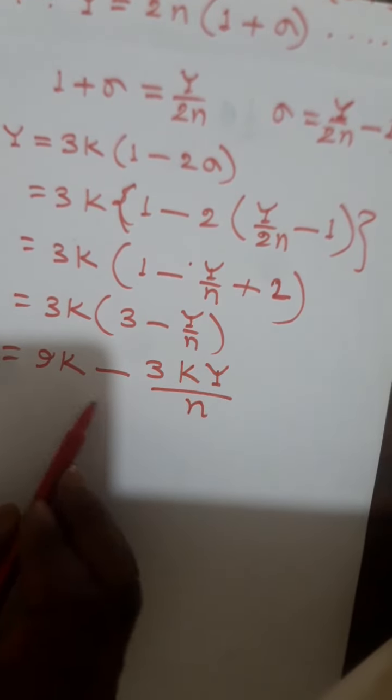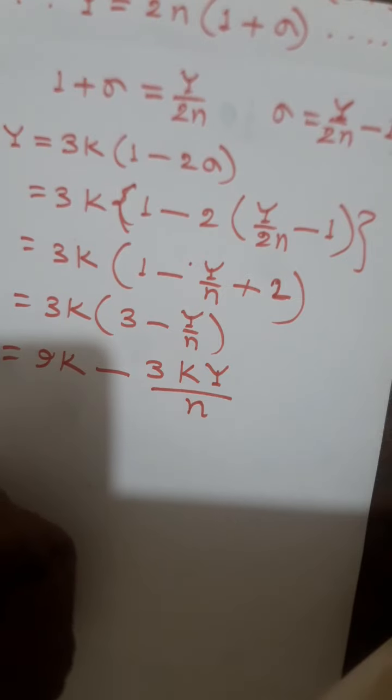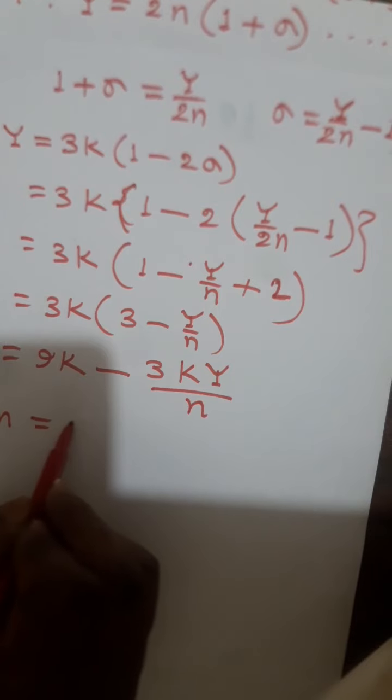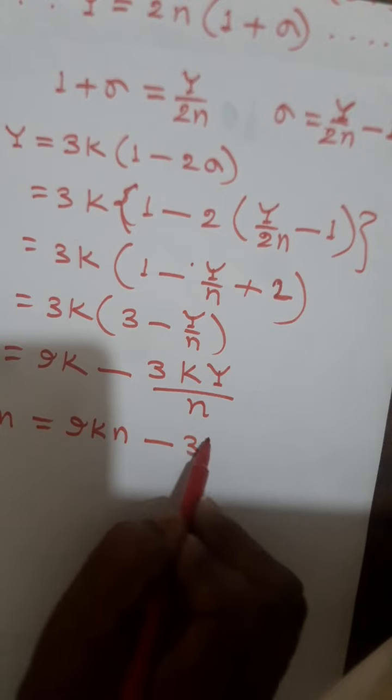Multiplying the equation by n, we have Yn equals 9Kn minus 3KY.